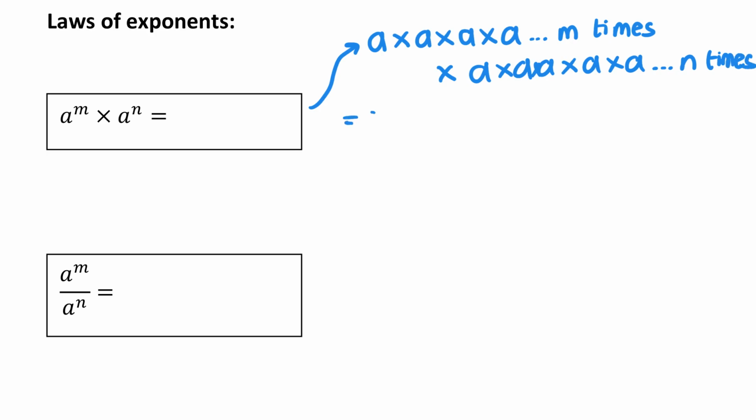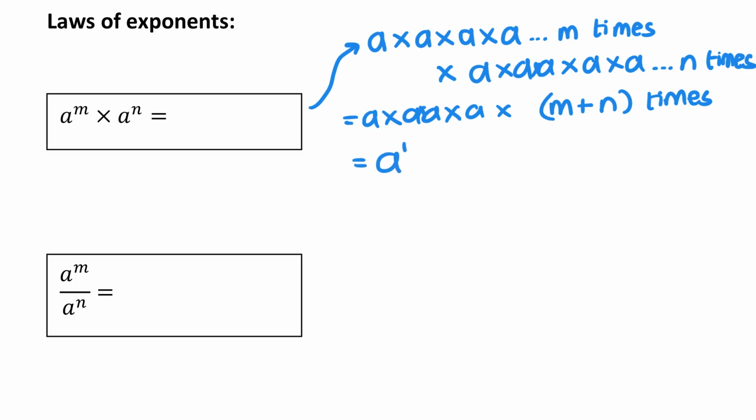So altogether, that will be a times a times a times a times a. How many times? m times plus n times, m plus n times, which can be written as a to the power of m plus n.